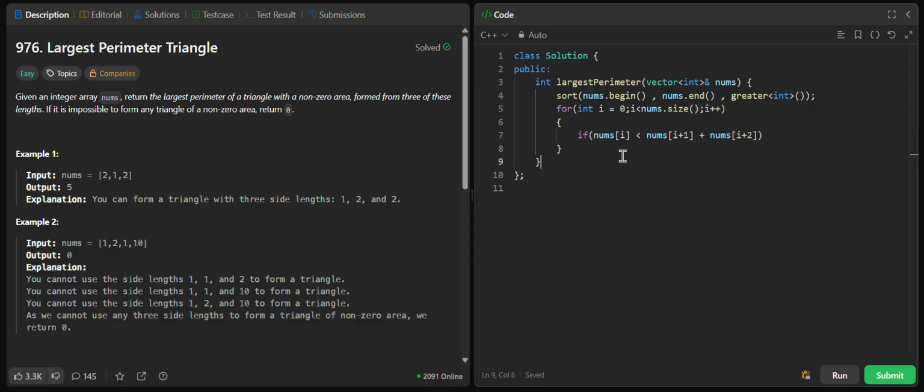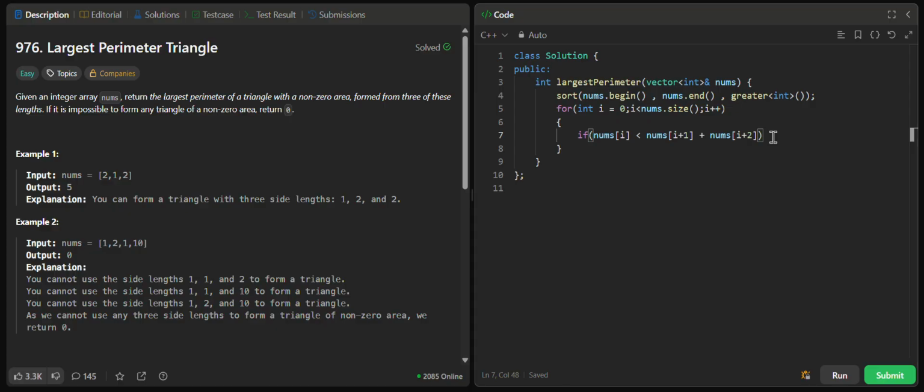If we add nums of i plus 1 and nums of i plus 2, I mean if we add any other number to nums of i, then obviously it will be greater. So we just have to check this condition.